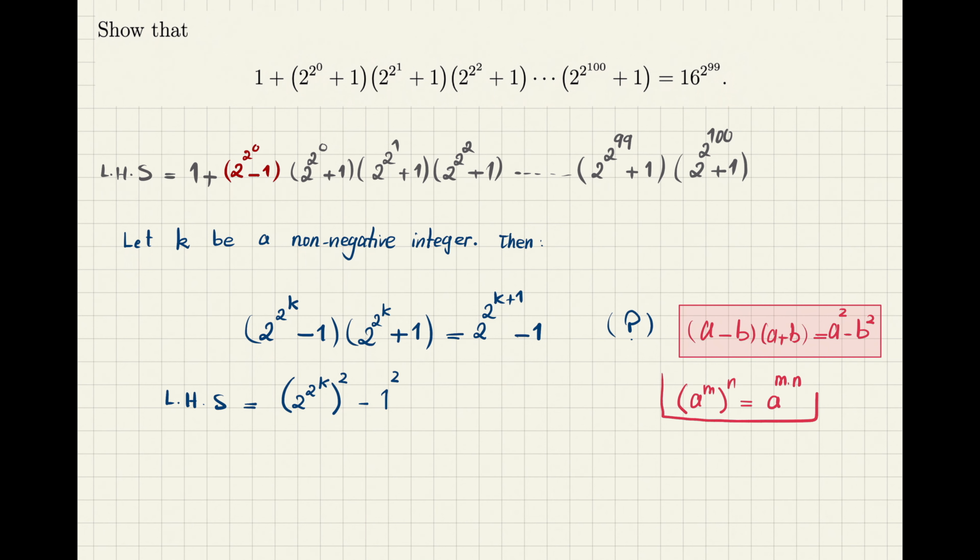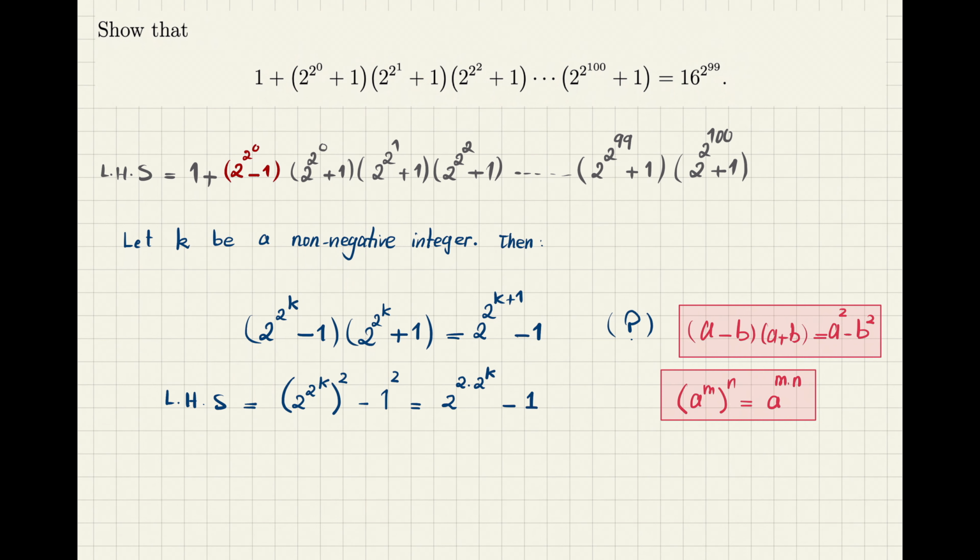This we know from elementary mathematics. So here, this one is playing the role of a, 2 to the power of k is playing the role of m, and this 2 is playing the role of n. So what happens is this becomes 2 to the power of 2 multiplied by 2 to the power of k, and then minus 1 to the power 2 is nothing except 1 itself.